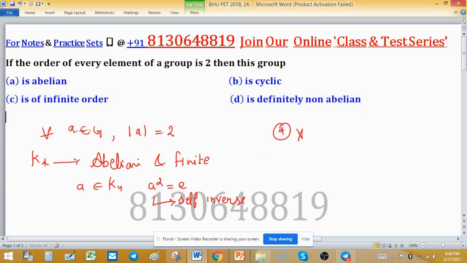K4 is abelian, so option A might be true. Option B says cyclic, but K4 is not cyclic, so B is discarded. Option C says infinite order, which is false because K4 has finite order, only 4 elements, so option C is also discarded. So the possibility of option A is now confirmed and A is the true choice.